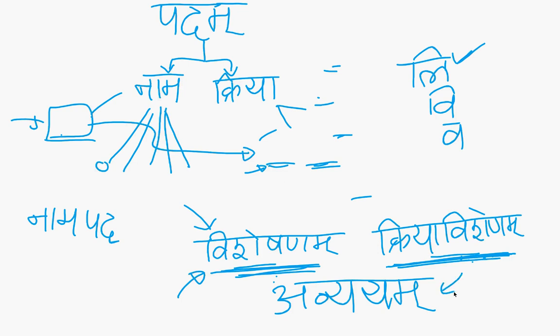But by definition every namapadam has to have a lingam, vibhakti, vachanam. So for avyayam padam, though it is a fixed form, because it is a namapadam, we will say that by default it is having napunsaka lingam.